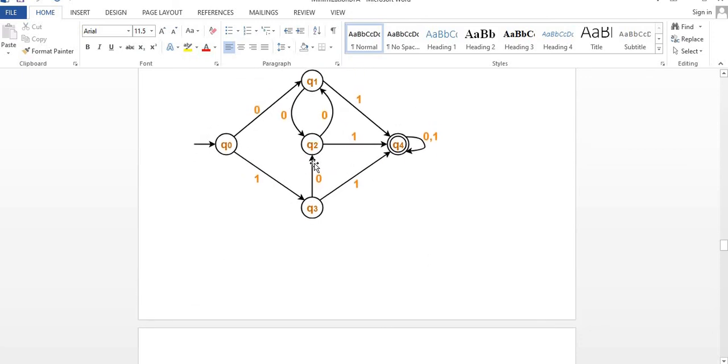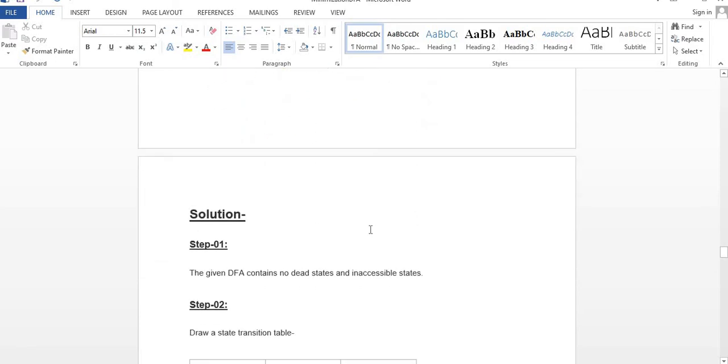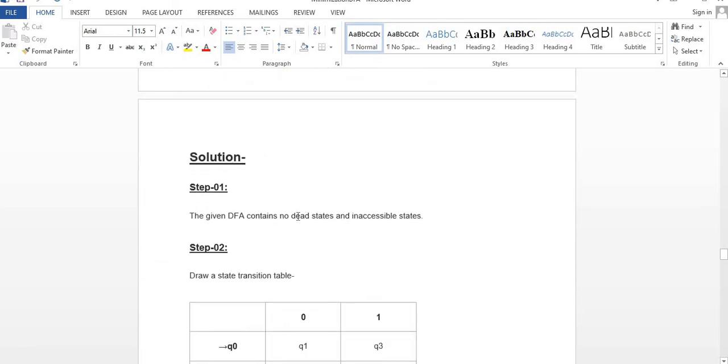There are a total of 5 states Q0, Q1, Q2, Q3 and Q4, in which Q0 is the initial state and Q4 is your final state. The given DFA contains no dead states and inaccessible states.